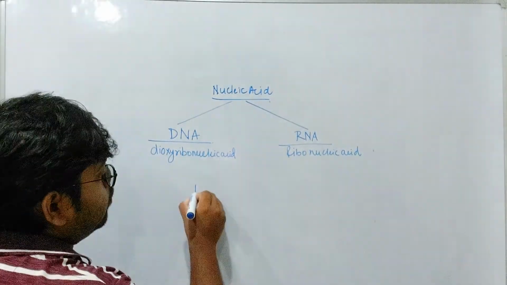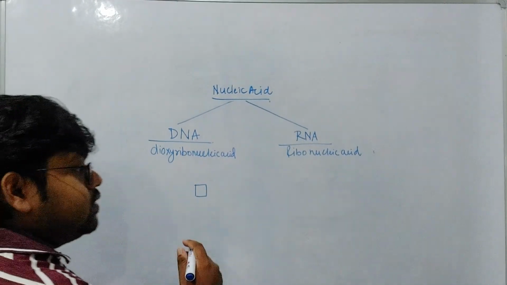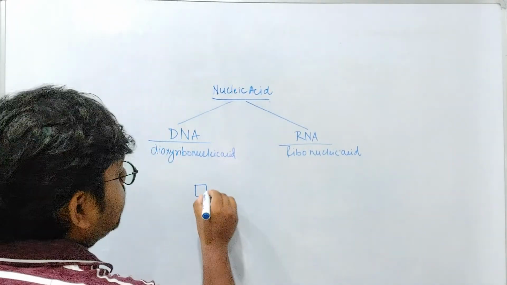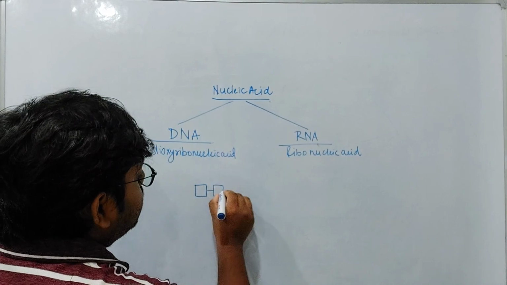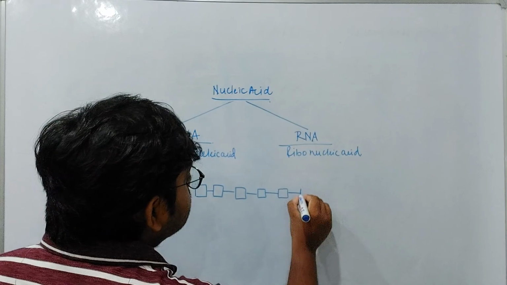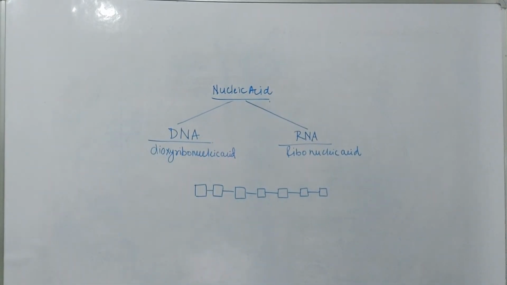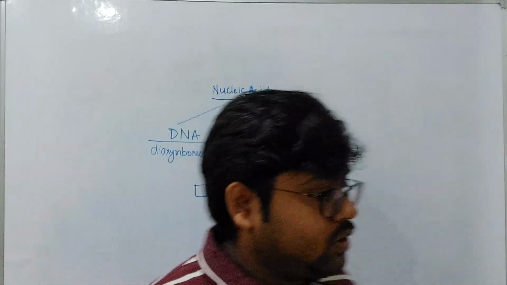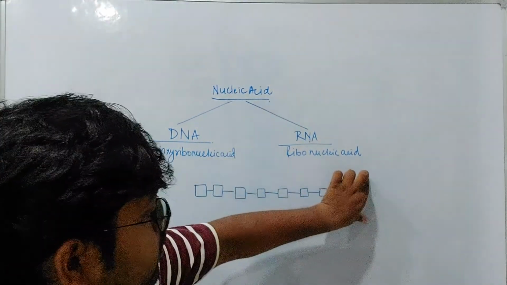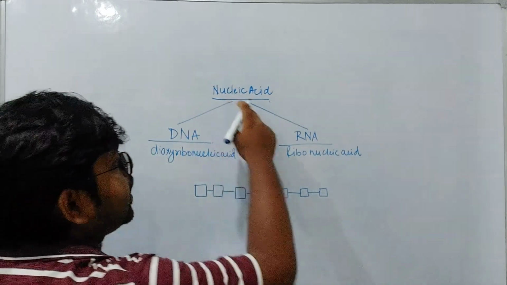Suppose there is a small box, and several small boxes like this, if they combine, they will result in a structure like this. Now, just assume that this long chain that I have drawn here is the nucleic acid.